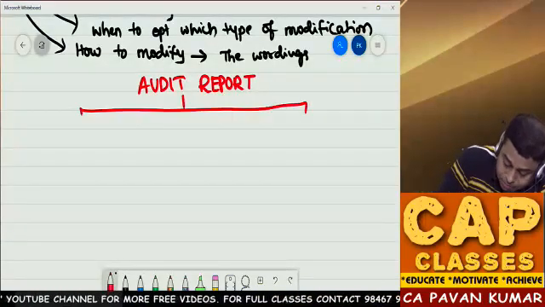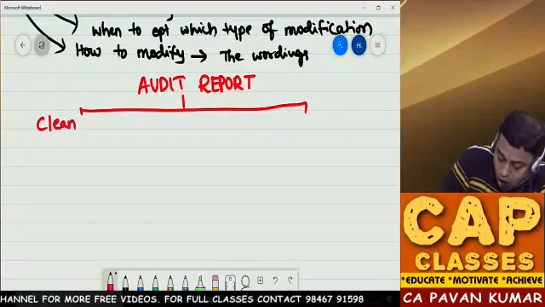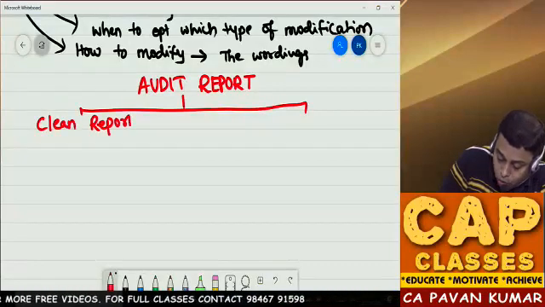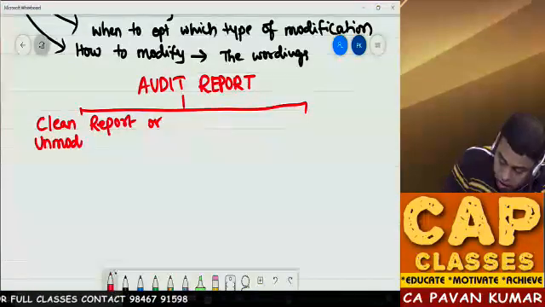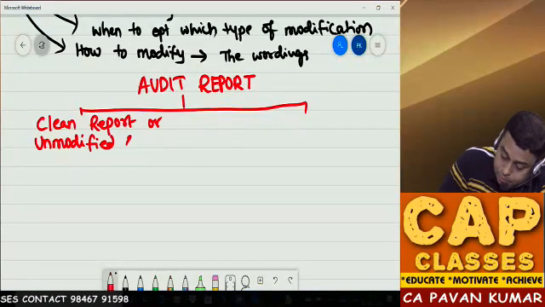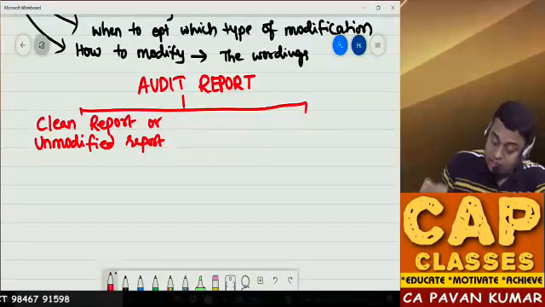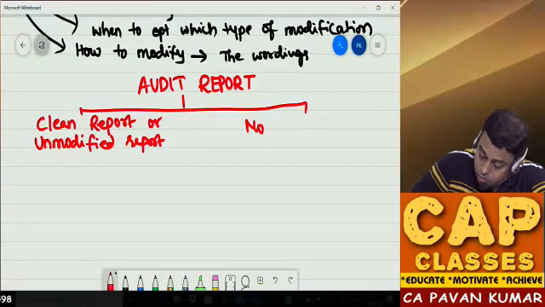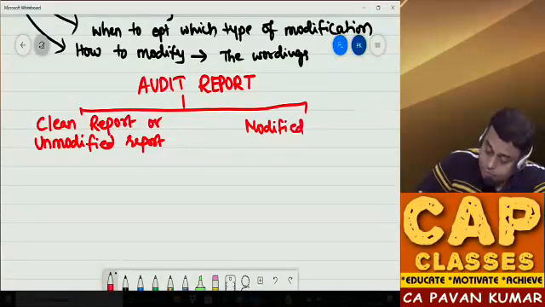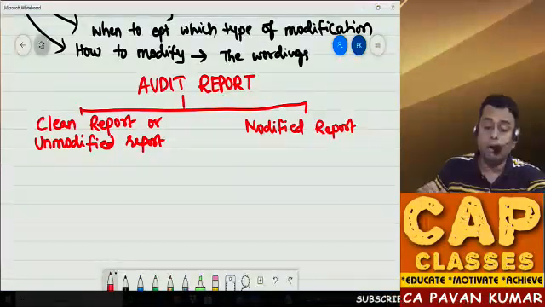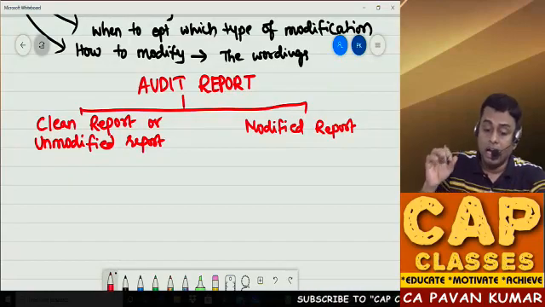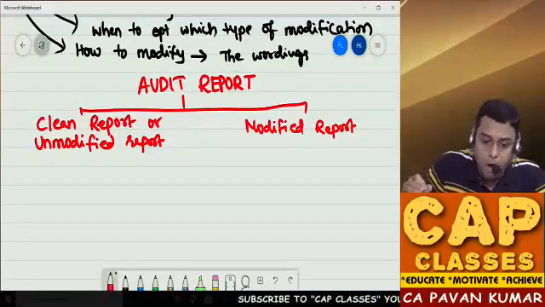First is a clean report or unmodified report. Second is a modified report.